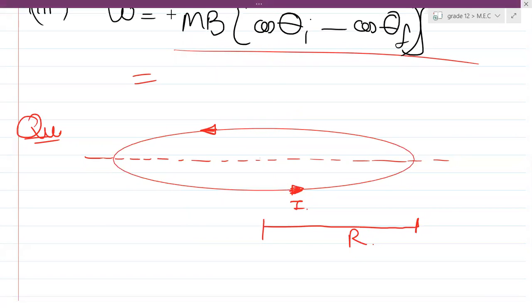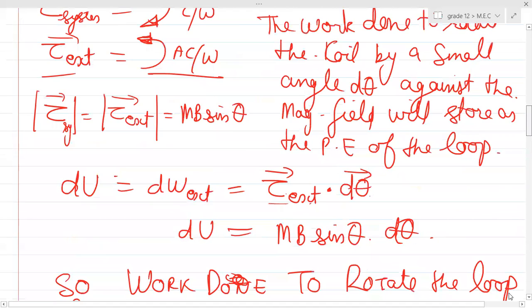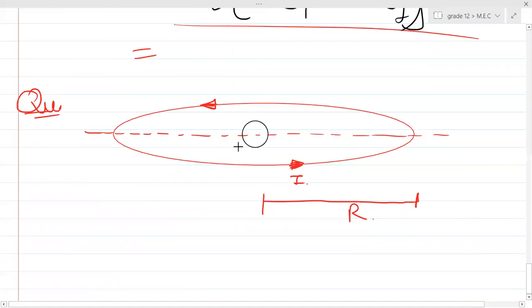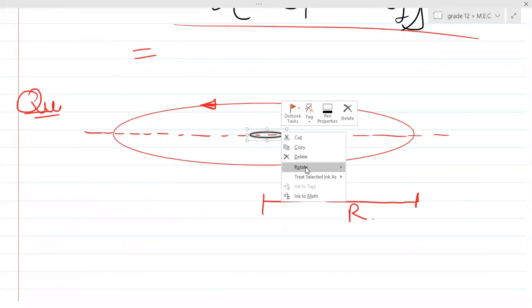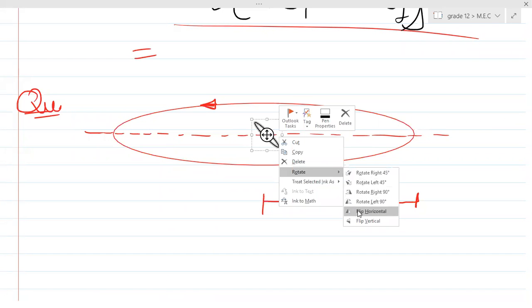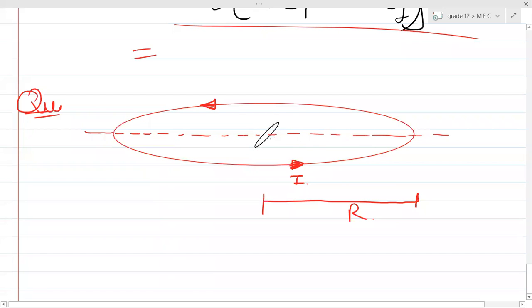There is a small coil. Guys, can you see over here?